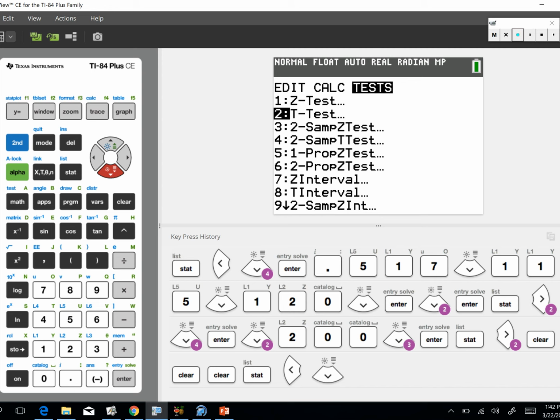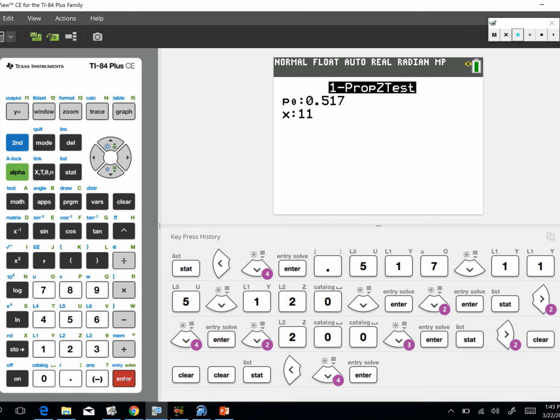Now, it'd be an ideal world if number 3 is exactly what we needed for proportions, but it's not. It's number 5, a 1 proportion z-test. P is 0.517. It's our 51.7%.